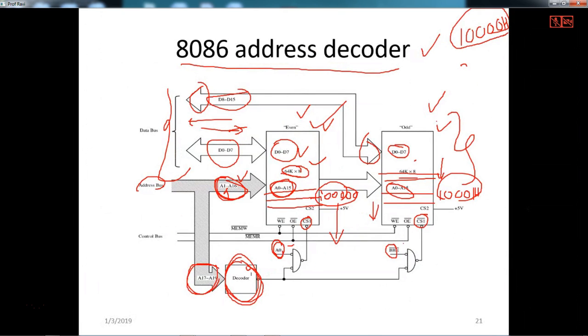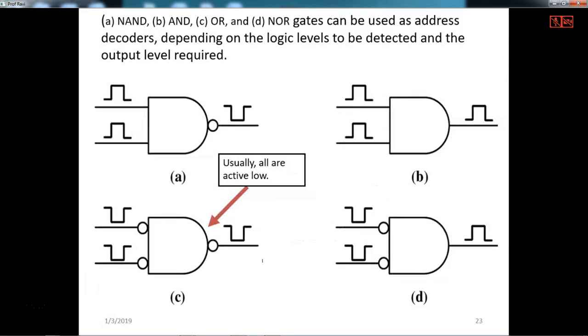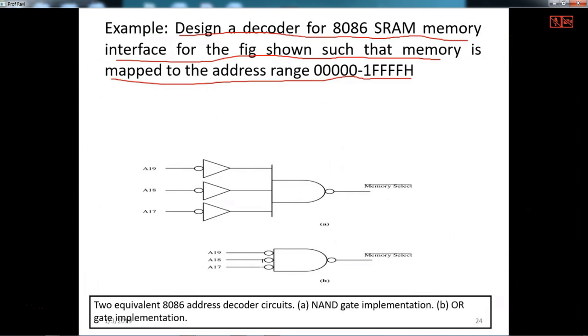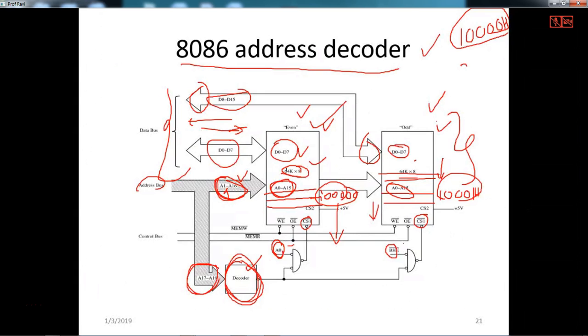Now, this decoder should identify a memory location in this case. So now if you try to see here, A17, A18 and A19 are given to a decoder.